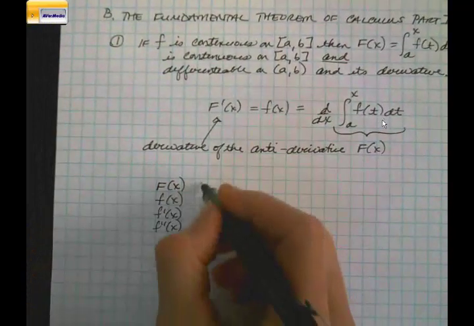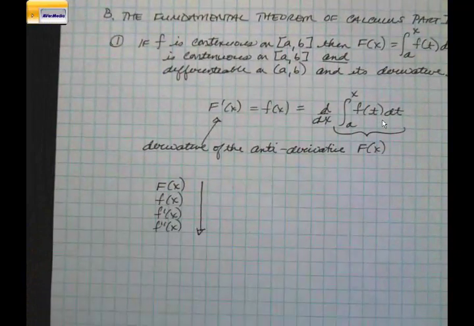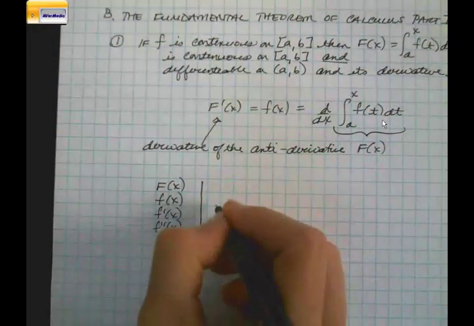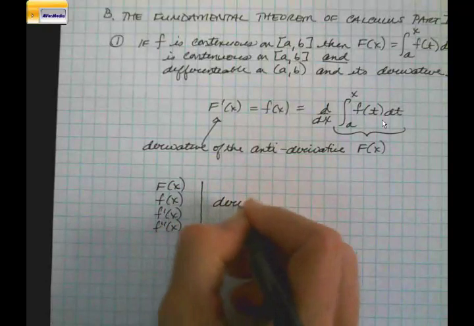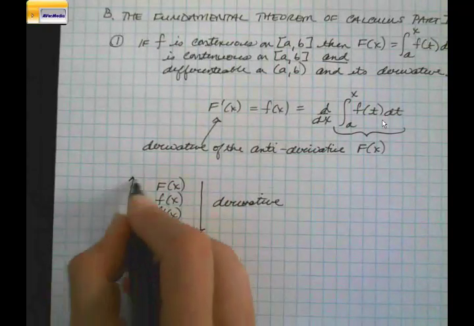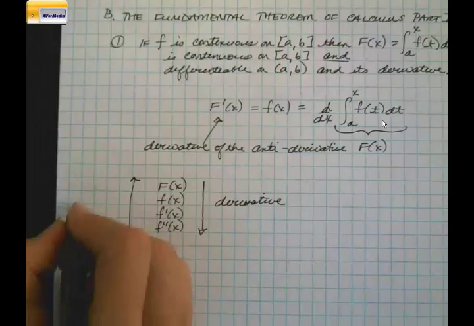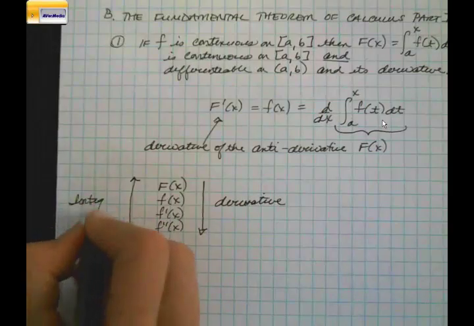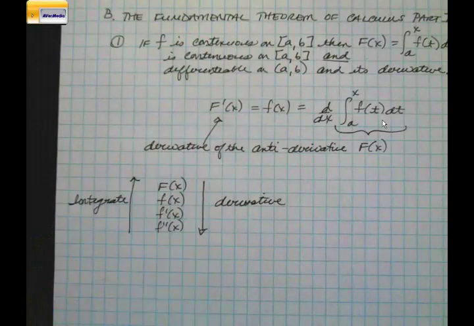So when you're going down this process, you are taking the derivative. But if you're going up, then you are integrating. Going the backwards direction is integrating. As you take the derivative, you're taking the primes, but when you integrate, you reverse the process. So they're inverses of one another.